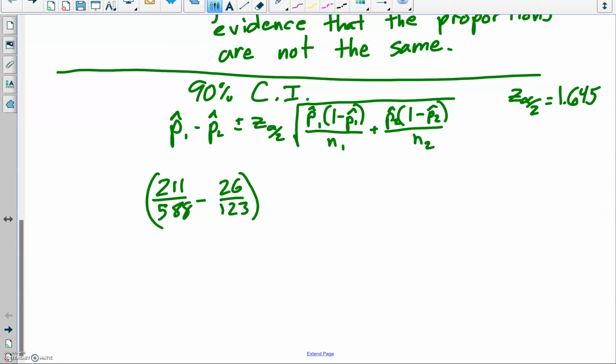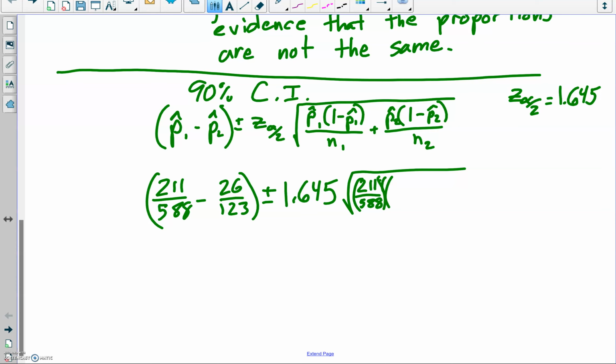I'm going to go ahead and put this in parentheses because you can kind of do those separately, and then you do the plus or minus the 1.645 times the square root of 211 over 588 again, is the whole proportion, and then times 377 over 588, when we do 1 minus that, all over 588.